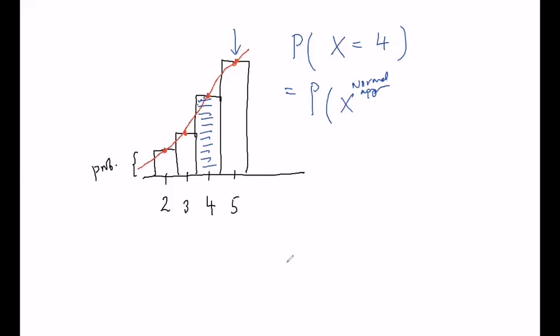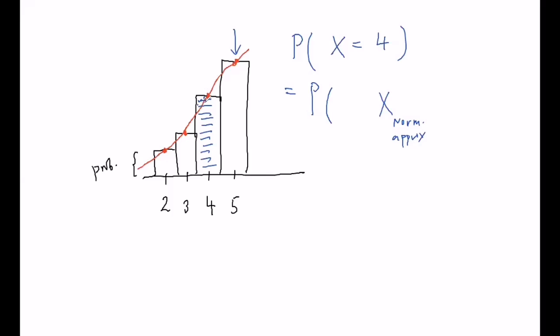Let me write that down more clearly. So if you use the normal approximation, it's basically this red curve.